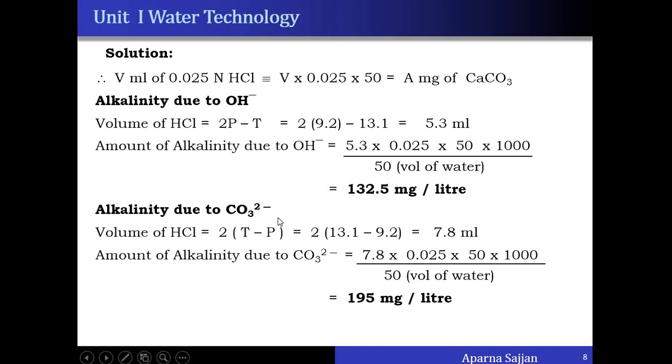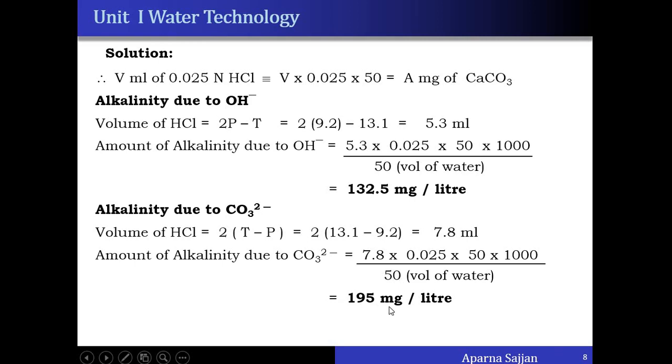Next is calculation of carbonate alkalinity. So for that, the volume of acid is 2 into T minus P. The answer comes to 7.8. So this much volume of acid was used for carbonate neutralization. 7.8 into normality 0.025, 50 equivalent weight, and 1000 upon volume of water titrated.